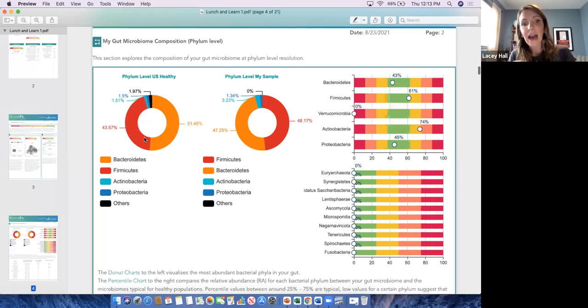So these are kind of the houses where all of the species and keystones reside. And most guts, generally speaking in the literature, want to have a little more than 50% Bacteroidetes, about 43% Firmicutes, 1.5% Actinobacteria, 1.5% Proteobacteria, and then everything else.